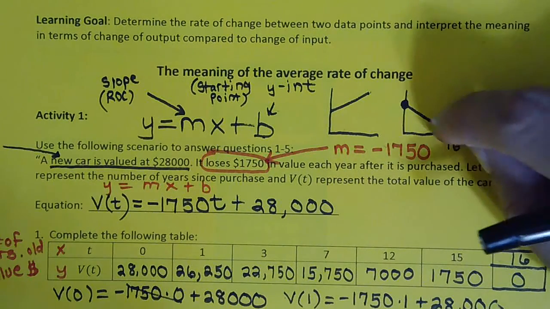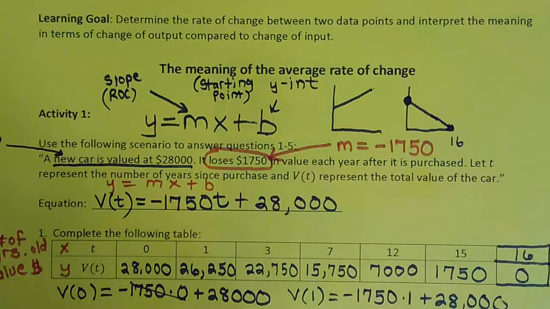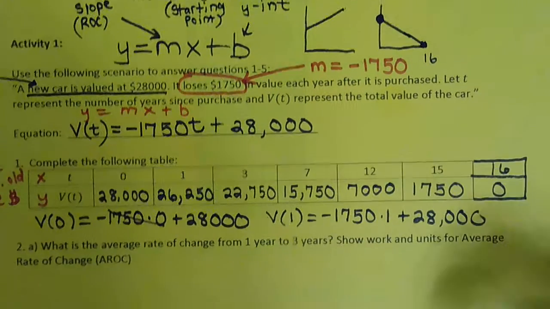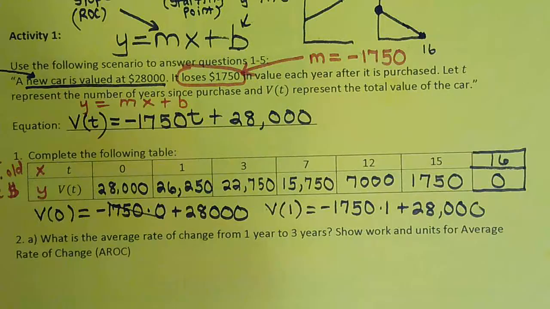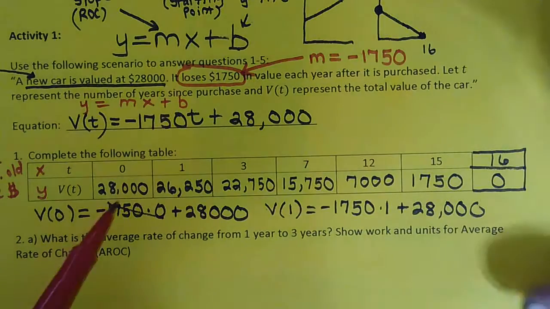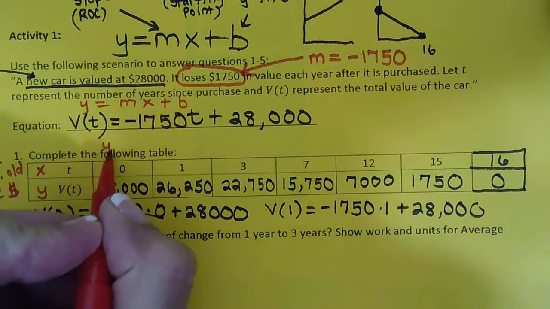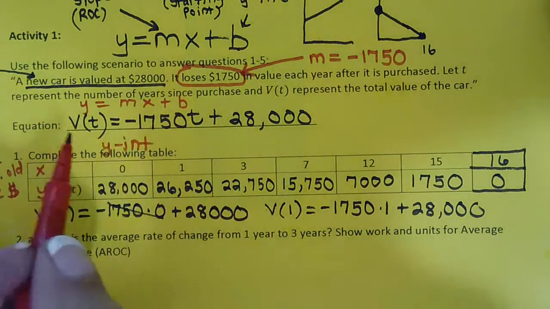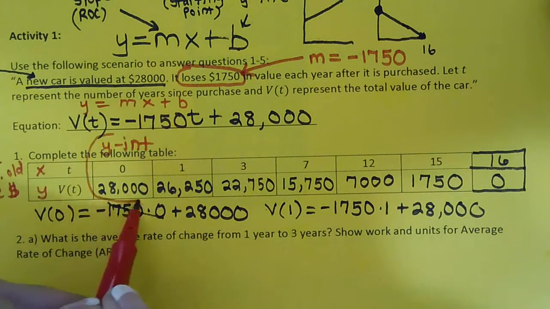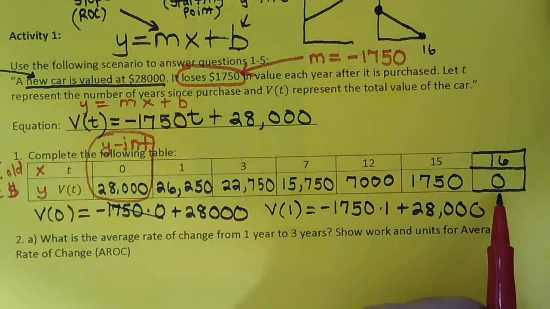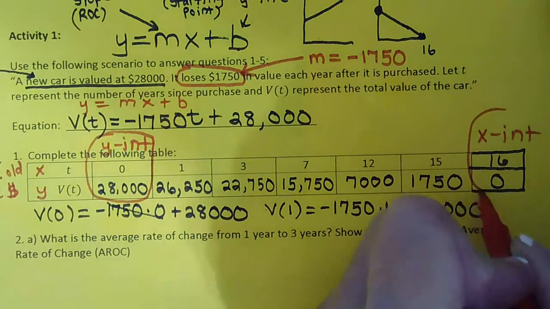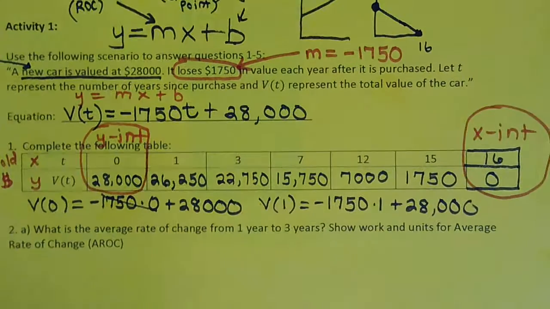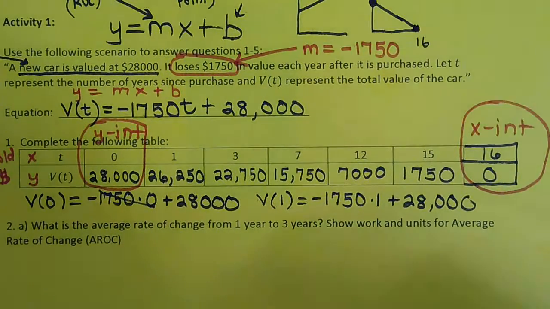And those are two important points when we draw graphs. So when I see we're really close to the end, I like to add it in. Let's label this. I have my X is 0, so this is called my Y-intercept. And here my Y is 0, so this is called my X-intercept. And they're going to ask questions about it later. They all do. So it's nice to be proactive and get it all done ahead of time.